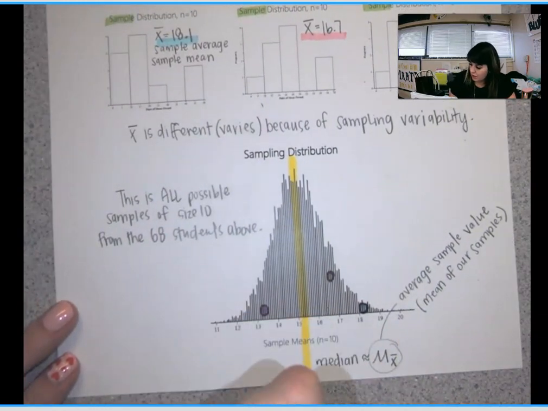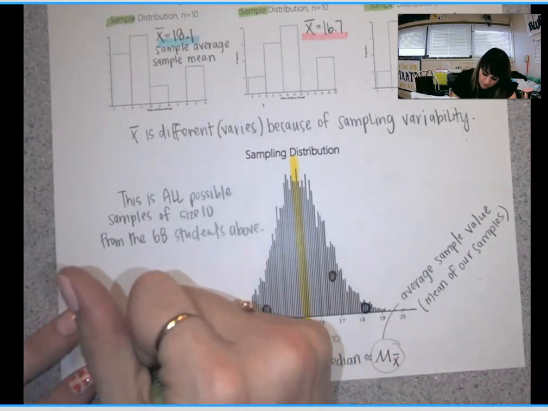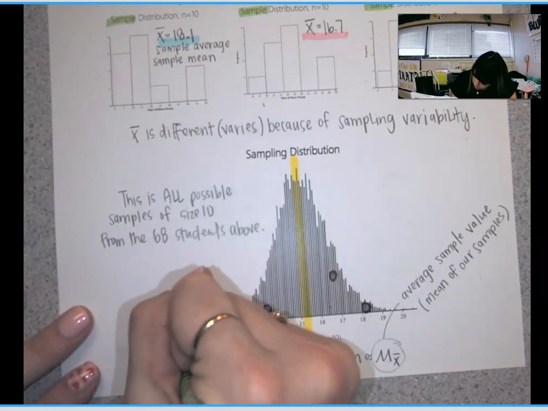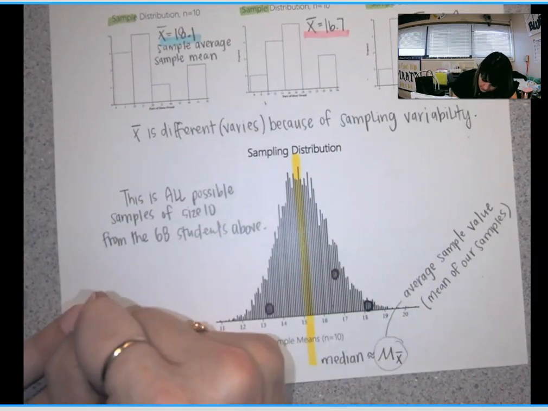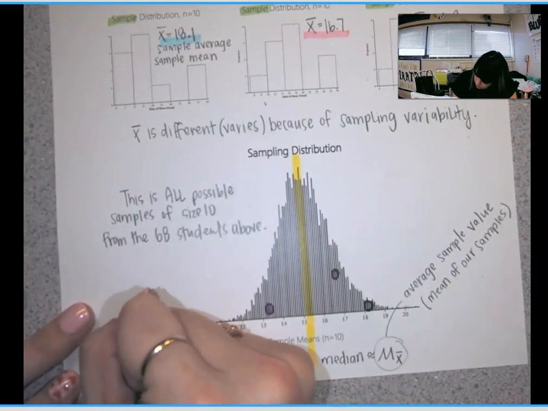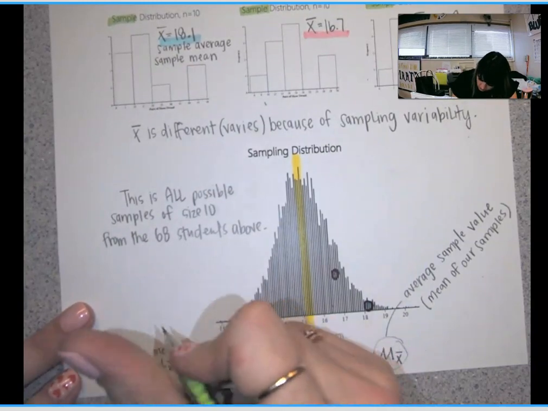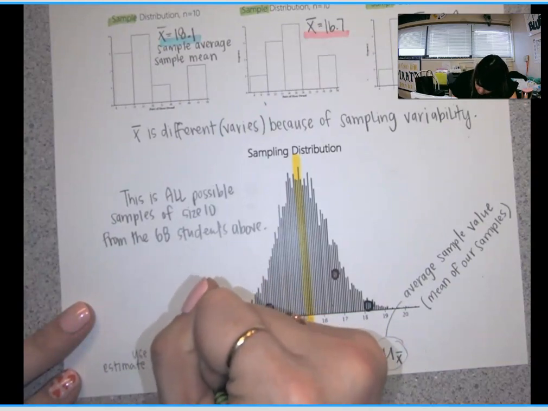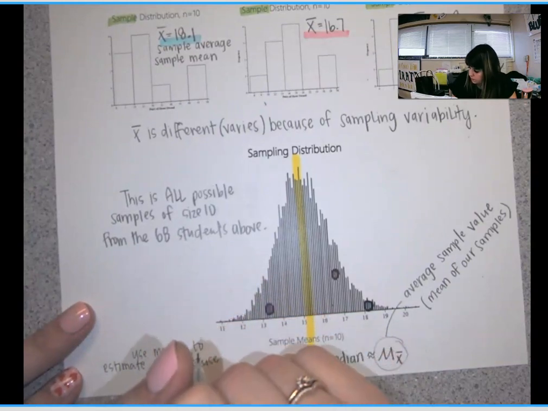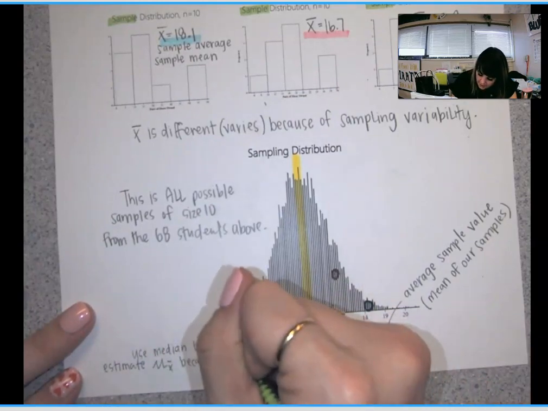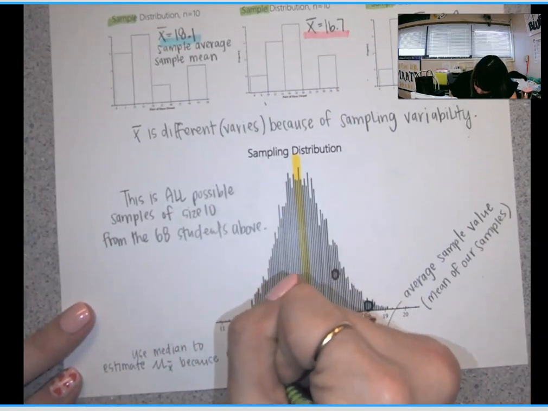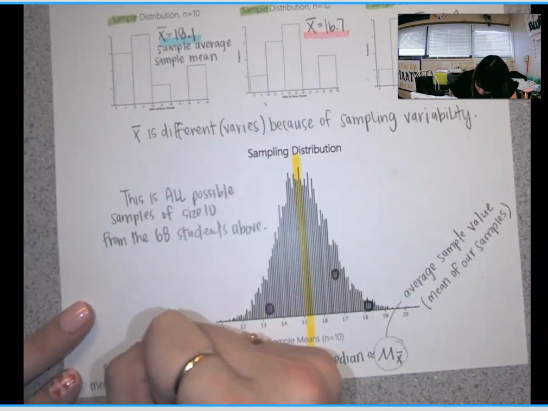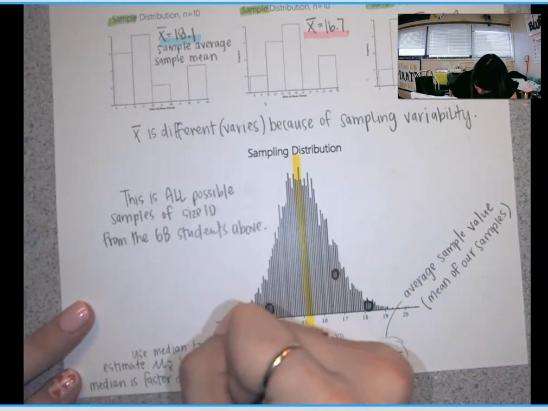So here I'm going to make a note: use median to estimate mu sub x bar, because finding median is faster and easier.